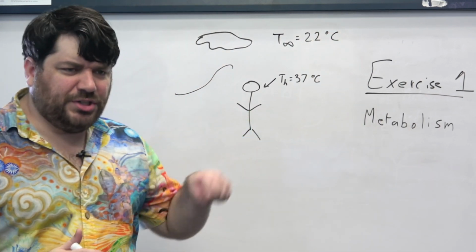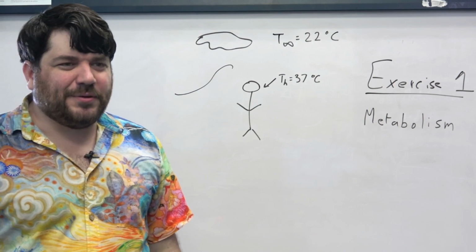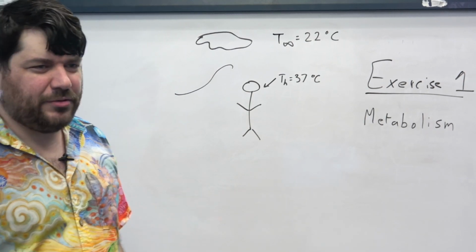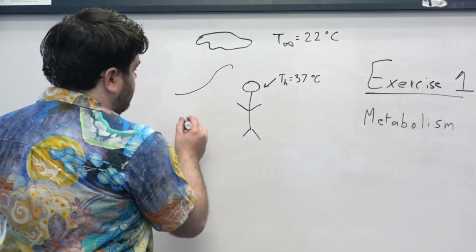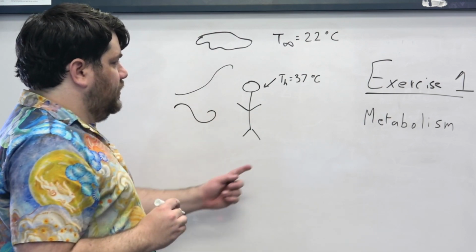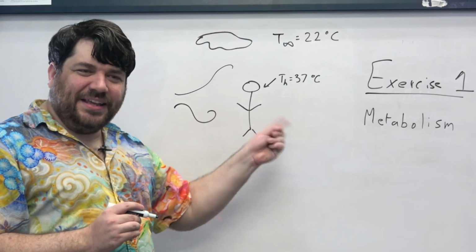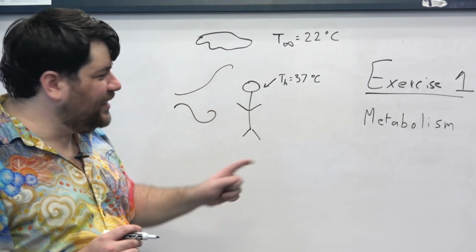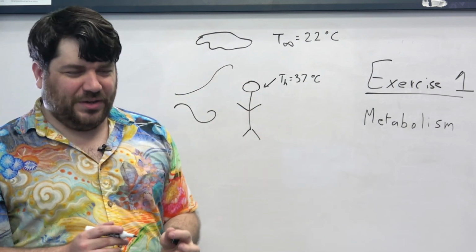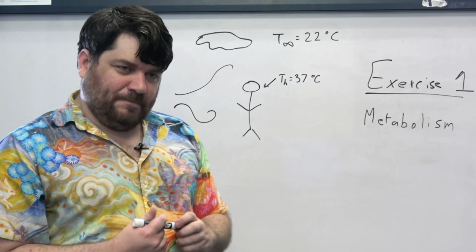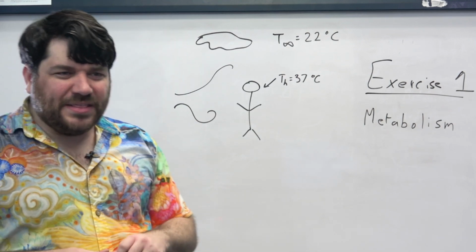Now, people will shift this up or down a degree or two, but it doesn't really matter too much. The point is that the human body really likes to stay at 37 degrees Celsius, but really likes to be surrounded by stuff at 22 degrees Celsius.